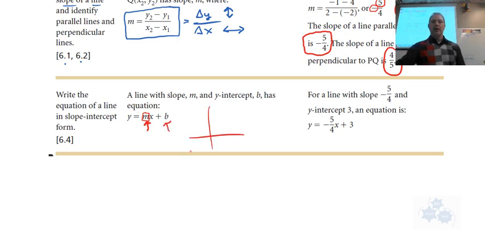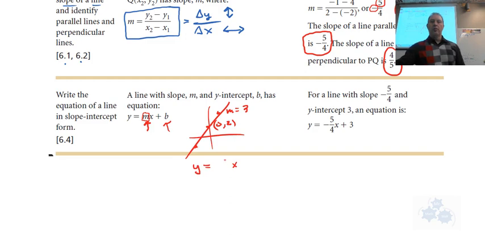So if I gave you this line and I told you we calculated this slope to be 3, and this point right here is the point (0, 2), you could write an equation for this line just by knowing those two things, the slope and the y-intercept. How we would do that is we would go y, because you have to have y in there, and you have to have the x in there.